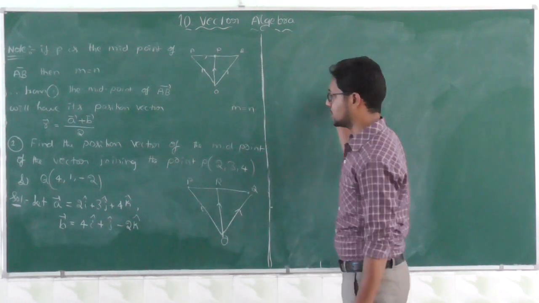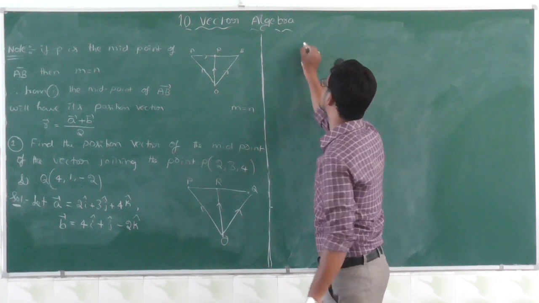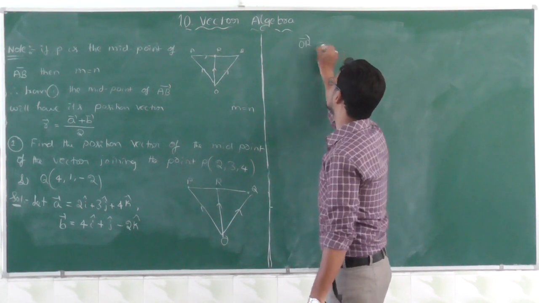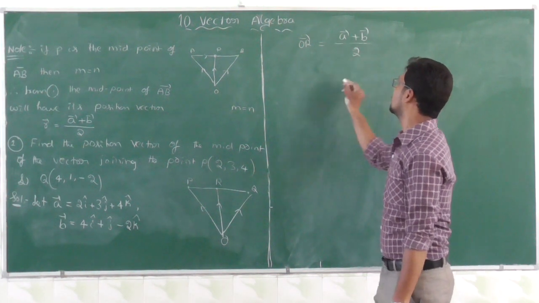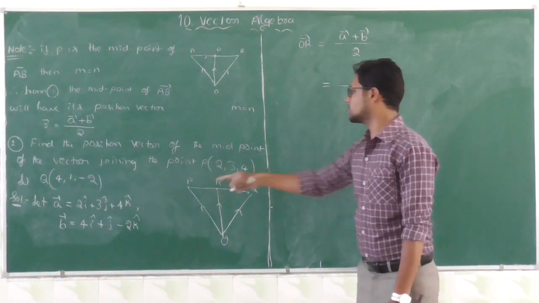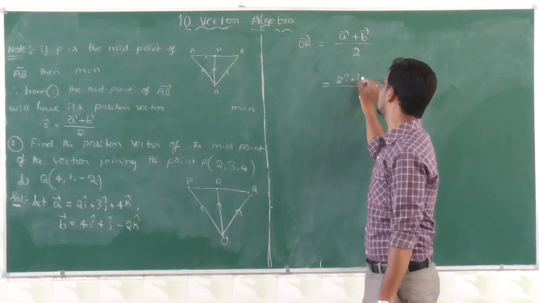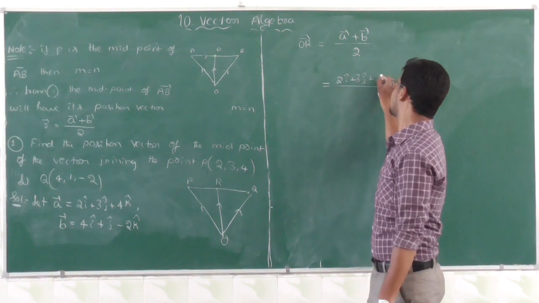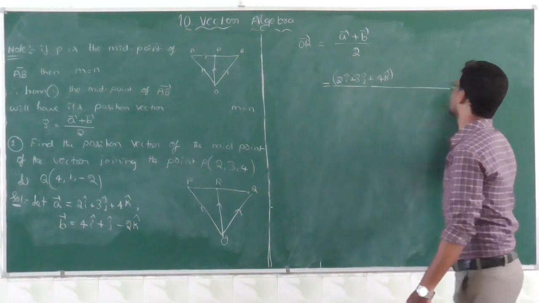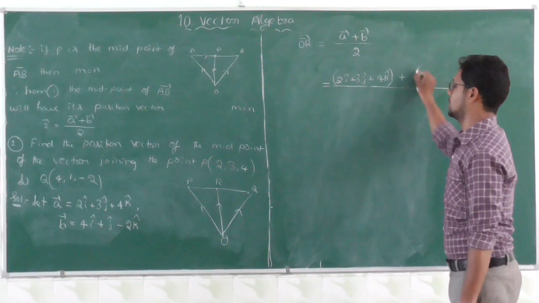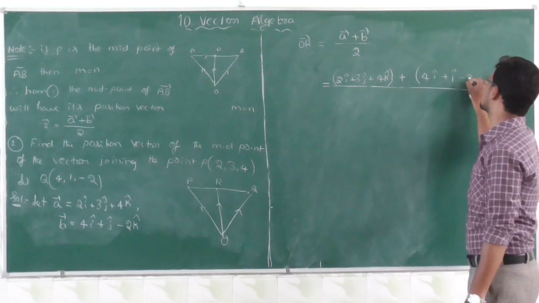Next, take the formula. Here we have to find the position vector, that is OR vector equals A vector plus B vector divided by 2. That equals 2i cap plus 3j cap plus 4k cap plus 4i plus j minus 2k, divided by 2.